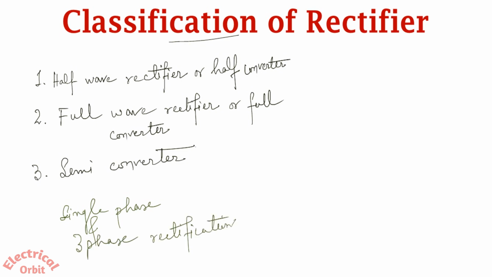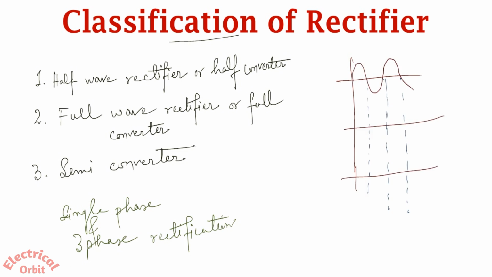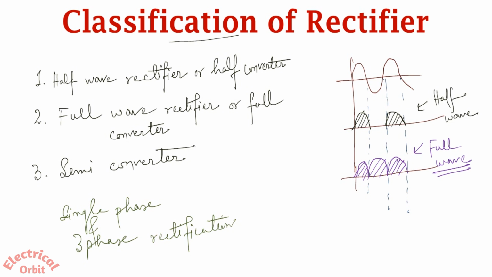I think we all know that half wave means the rectification occurs for only the half cycle, like this. This is half wave rectification, and for full wave we get rectification for both the positive and negative half cycles. Clear? So according to our requirement, we use half wave rectification or full wave rectification using this rectifier or converter.